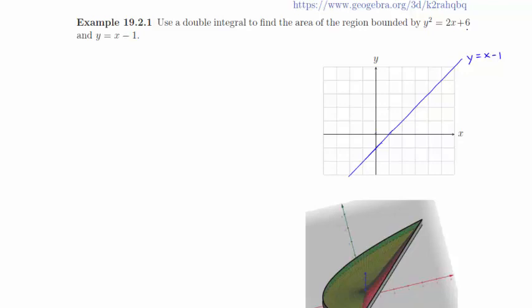My y squared equals 2x plus 6. I'm actually going to solve for x here. 2x equals y squared minus 6, so x equals 1/2 y squared minus 3. So this is a parabola that opens in the positive x direction.